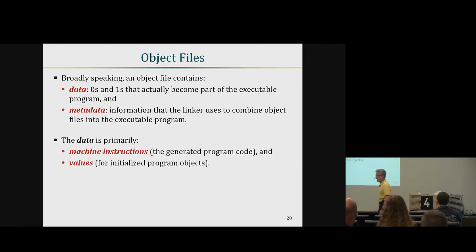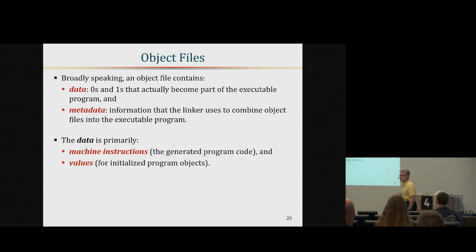What's the data? Things like machine instructions, turning your assignment statements into moves, loads, and stores, and your comparisons into comparisons, your if equal or while not equal loops into compares and branches. That's the machine instructions part.